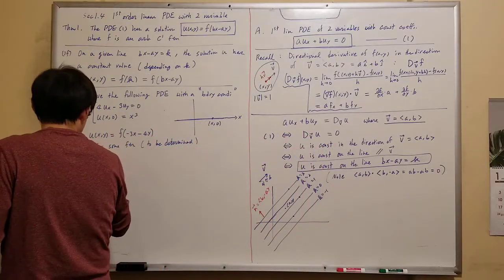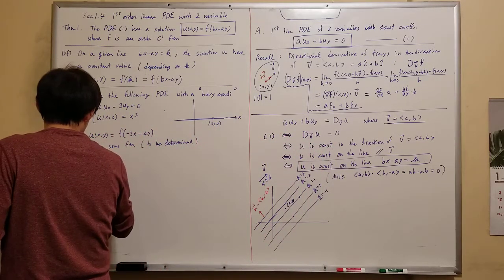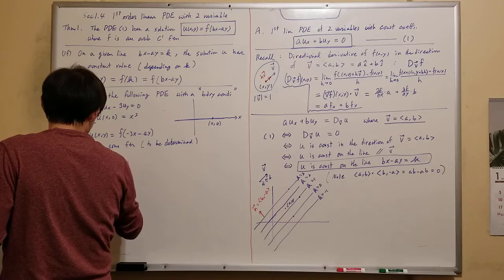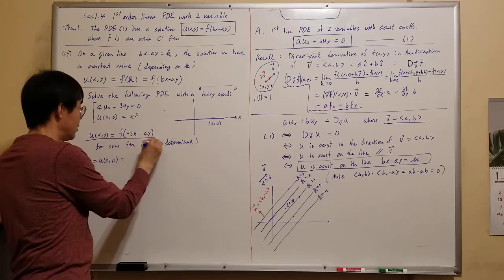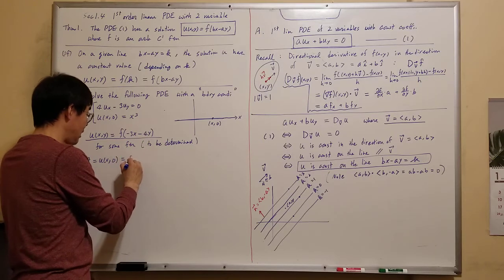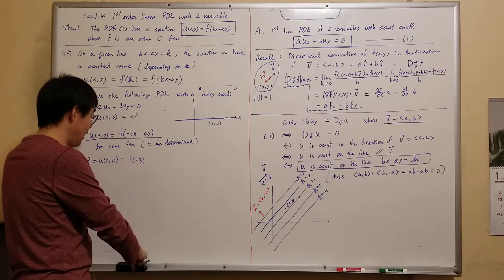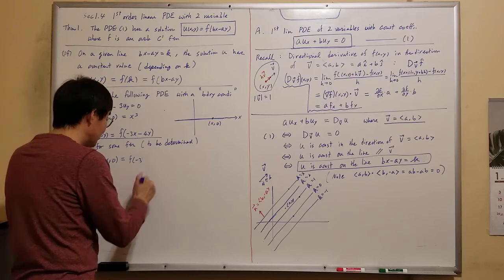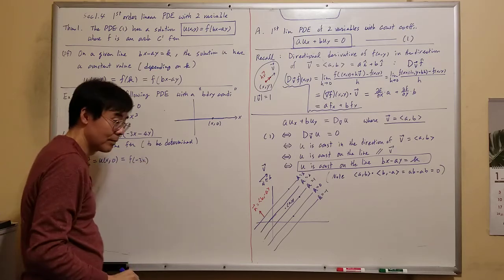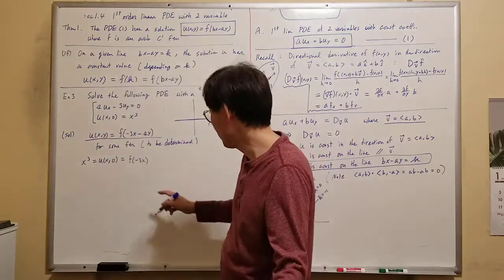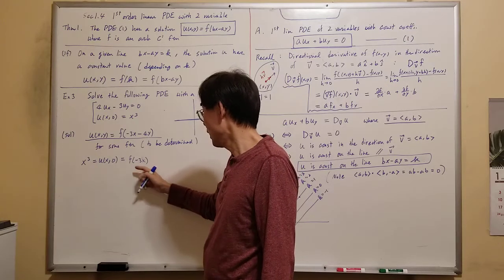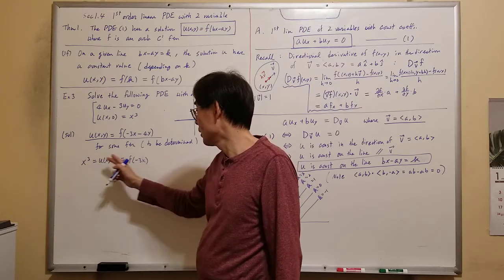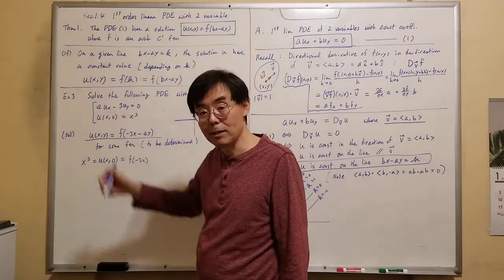So let's use this. X cubed is u of x0. Now, from this, y is 0, that means f of negative 3x, right? So now I have to find the function f. So I have to write f of something equals f of z equals z something, right?